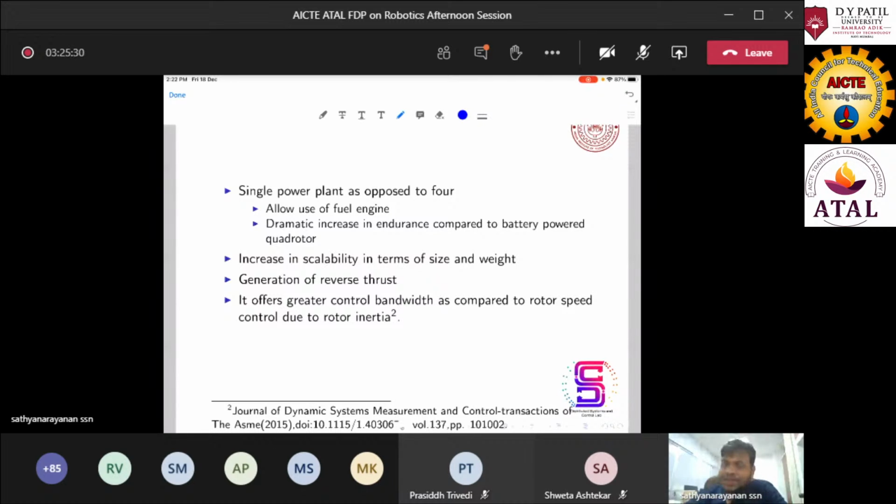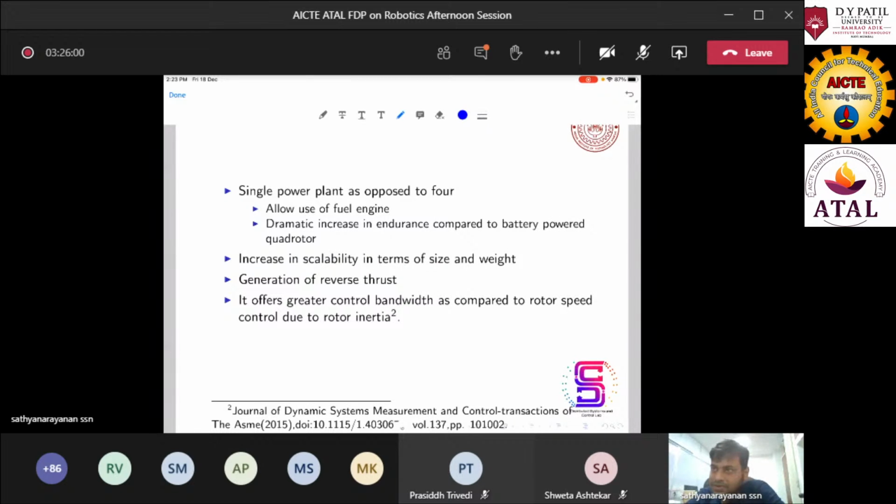That is, the rate of change of thrust for the variable pitch is very high as compared to the conventional quad rotor, and the reason behind it is the rotor inertia. Here you are using just a servo to change the pitch angle, but there you have to use the rotor speed to change the thrust generated by the rotor.